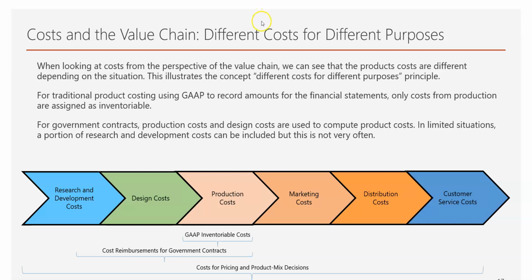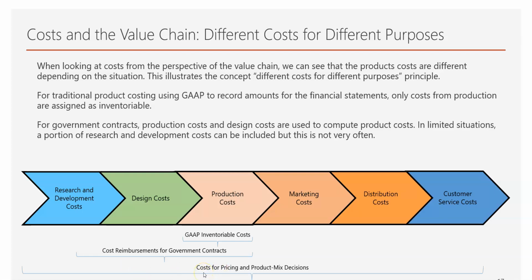But under the cost reimbursed for government contracts, we're going to include our production costs, our design costs, and then in some cases, usually not, we can also claim research and development costs as a cost of our product.